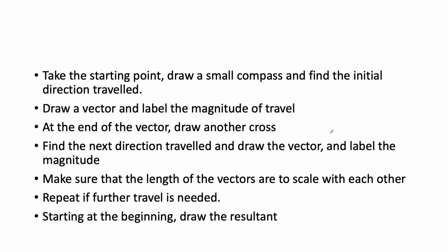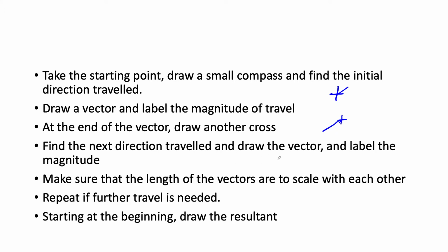Draw a small cross, and then figure out what direction we're going to go. It may be up to the right or down to the left, first, second, third, fourth quadrant, it depends. So you've got this vector going across, and I'm going to draw another cross, and then we change the direction based on what the word problem says.